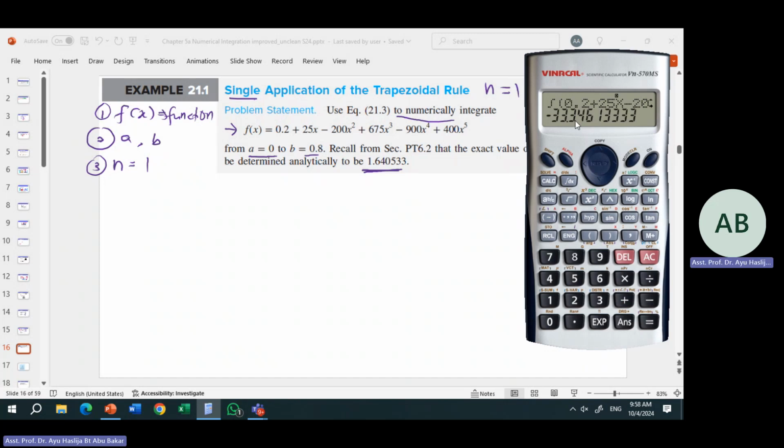Why is it different? You should get this one, 1.64. Wait, let me check. What's the difference over here? Can you get 1.64? Which part? Oh, okay. This one should be plus. Correct, yes, thank you.